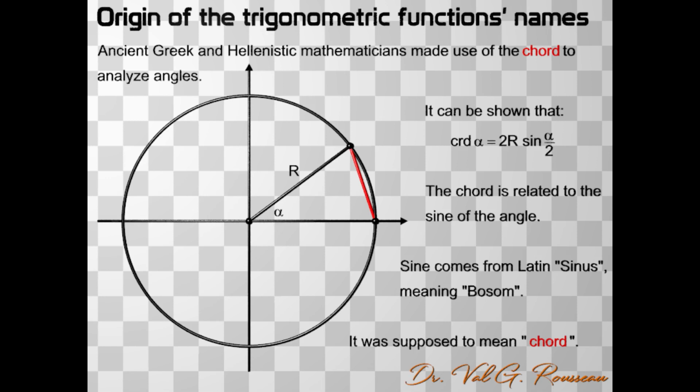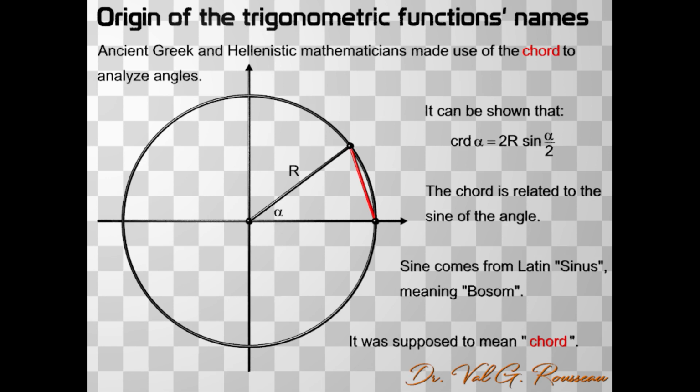I'll let you work on it, but it can be shown that the length of the chord in red is equal to 2 times the radius r times the sine of alpha divided by 2. To show it, start by dividing the triangle into 2 right triangles, and you should be able to easily find a relationship between the chord's length and the cosine of alpha.